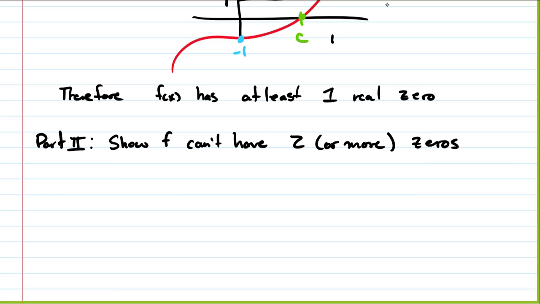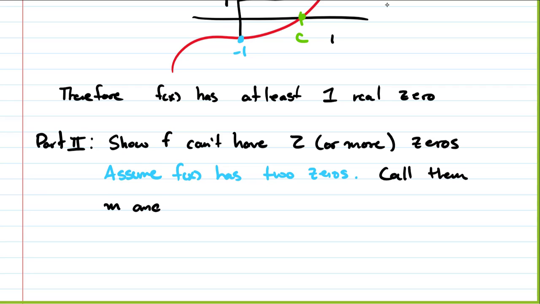So we assume f of x has 2 zeros. We're going to call them m and n. So then that would imply that f of m is equal to 0 and f of n is equal to 0.